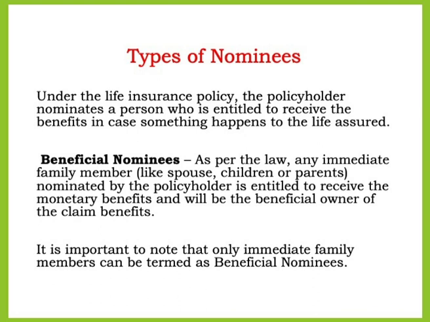As per the law, an immediate family member, that is the spouse, children or parent, will be nominated by the policyholder to receive the monetary benefit or any other claim benefits which may come on account of the policy. It is important to note that beneficial nominees will be immediate family members only. So spouse, children or parents, blood relatives who are immediate family members only, will be called beneficial nominees.